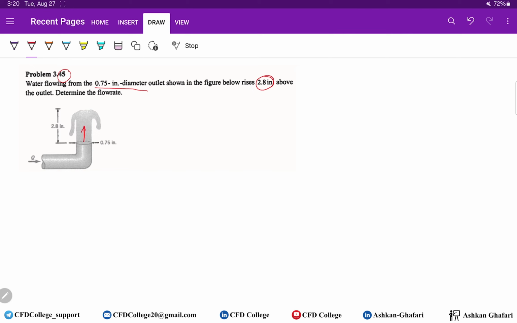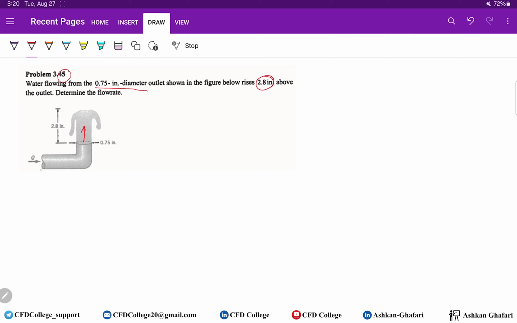Okay, so what should we do? We should first identify 2 key points. Then we can use Bernoulli equation.